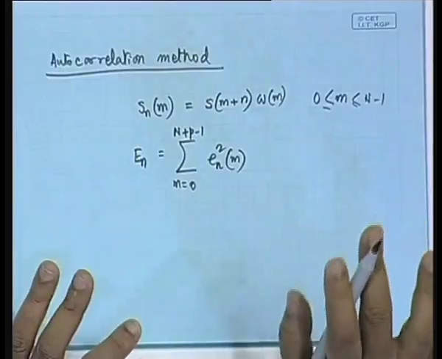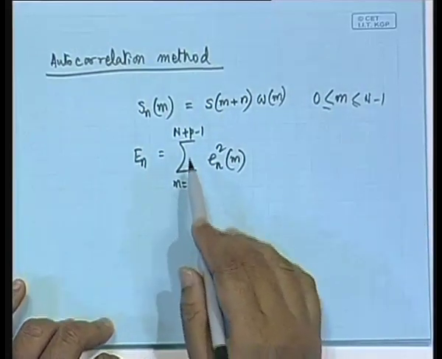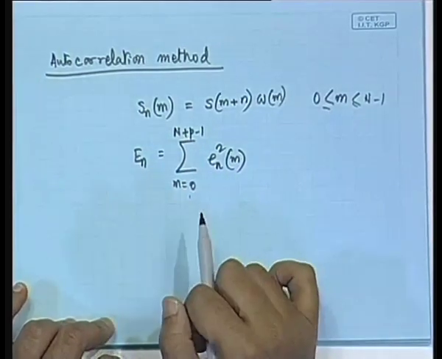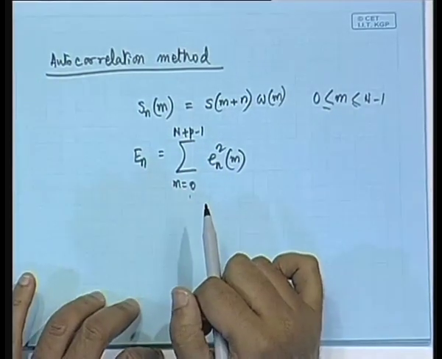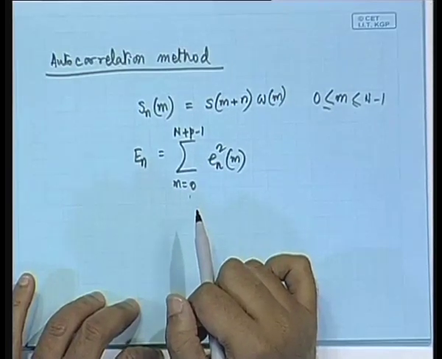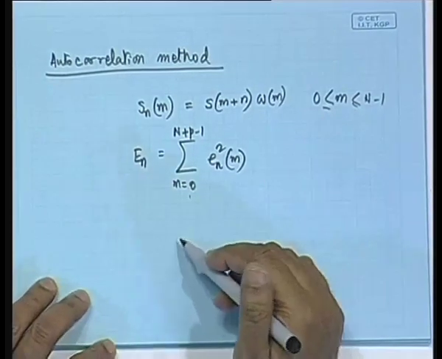Now, with this definition of the error, the error is defined from m is equal to 0 to N plus p minus 1. Again we just go over to our definition of phi n i k. So, what is our phi n i k?